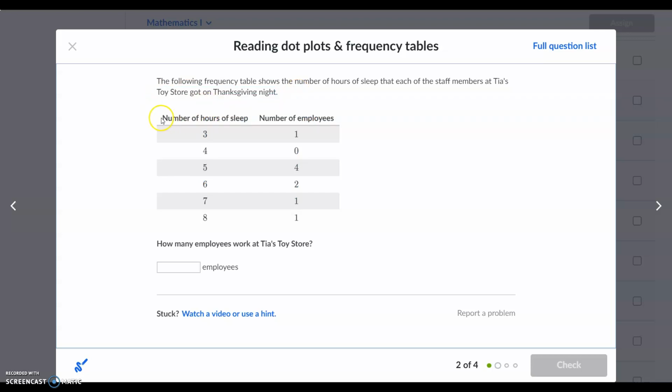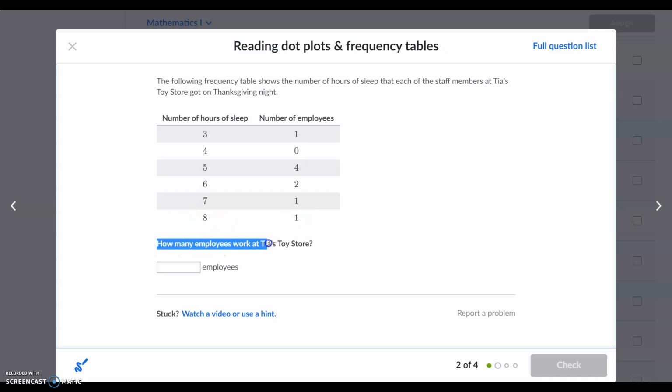So this is the number of hours, 3, 4, 5, 6, 7, 8 hours, and then the number of employees that got that many hours of sleep. So one employee got 3 hours of sleep and nobody got 4 hours. 4 different people each got 5 hours of sleep. 2 people got 6 hours of sleep. 1 person got 7, and 1 person had 8 hours of sleep.